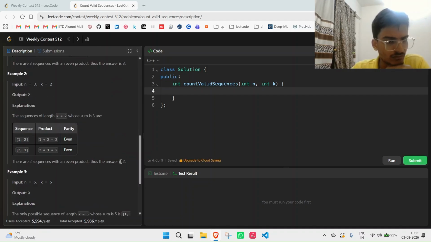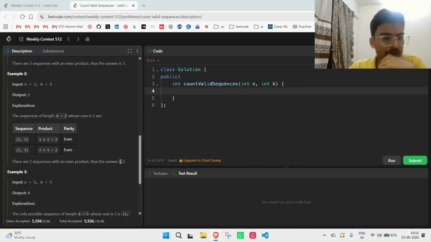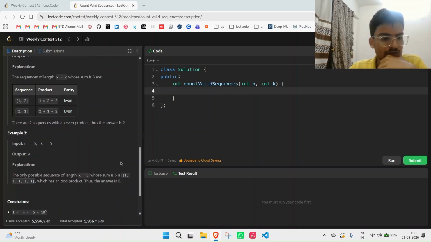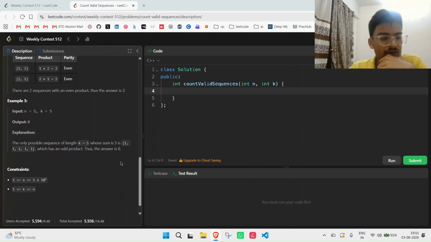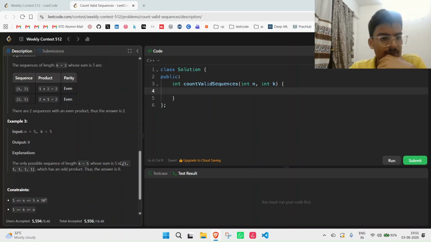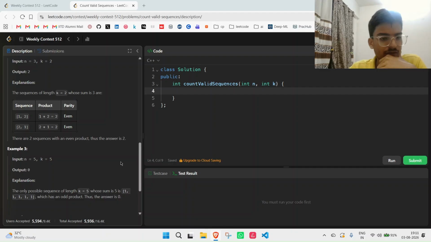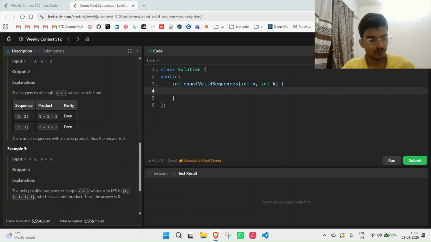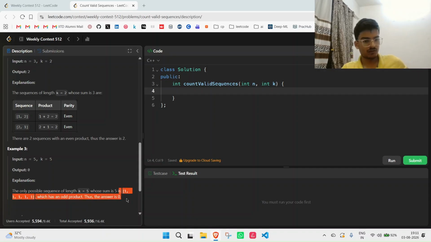N equal to 3 and k equal to 2: sequences of length 2 whose sum is 3 are 2 1 and 1 2. N equal to 5 and k equal to 5: the only sequence whose sum is 5 has all odd, so the product is odd. The answer is 0.